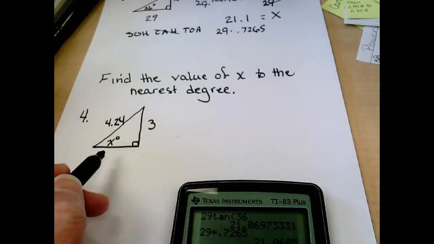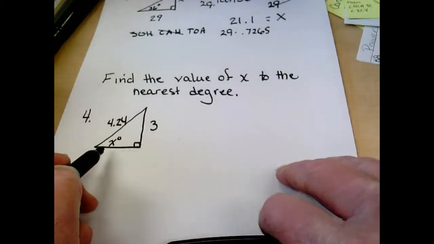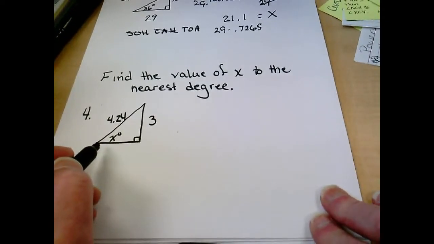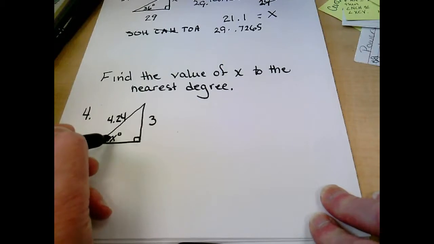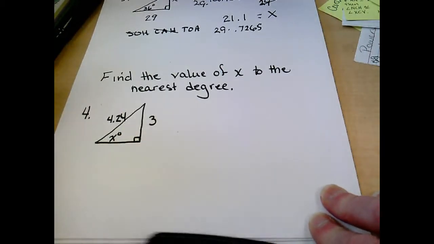On these type of problems, you are not given your angle measure at all, but you still set it up the same way as if you were going to solve for your angle. So if I look at my sides, I have the opposite and hypotenuse.